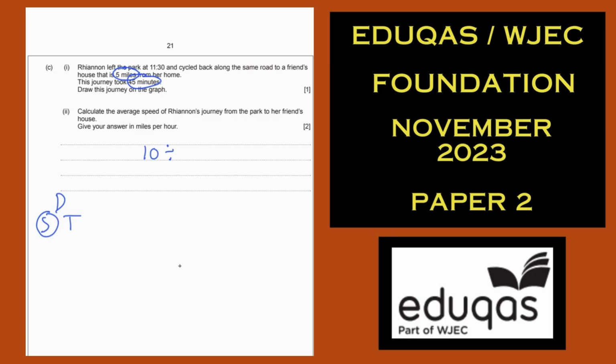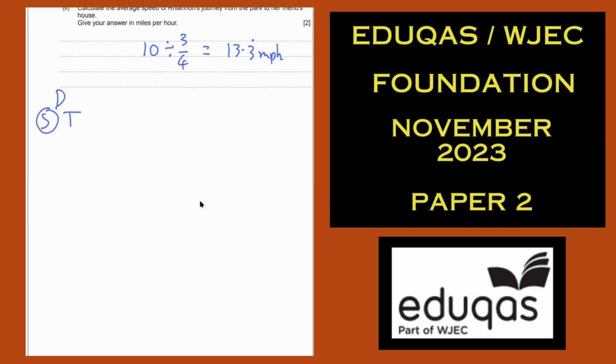Don't put 45 into your calculator. 45 minutes is 3/4 of an hour. So either put in 3/4 or the decimal equivalent 0.75. You get the weird answer, but it is correct, of 13.3 miles per hour.